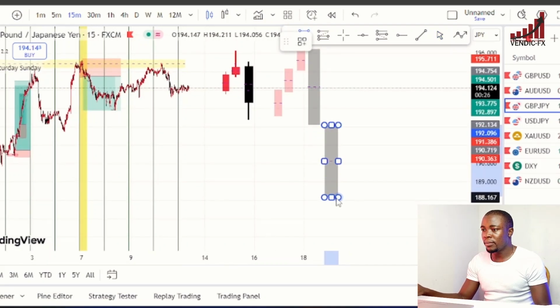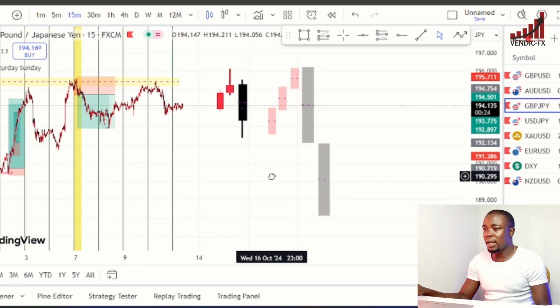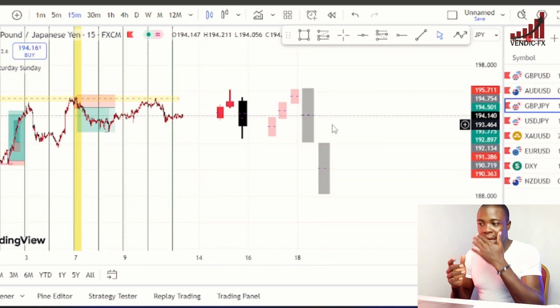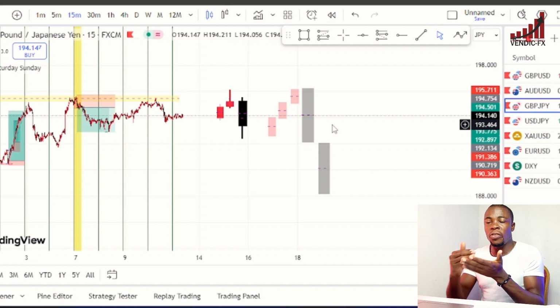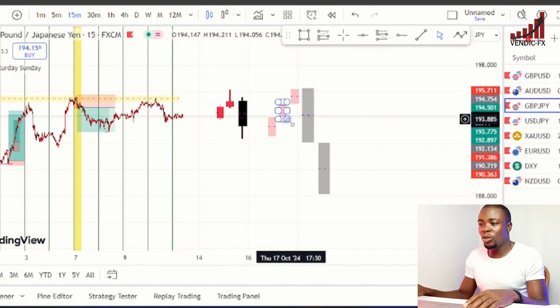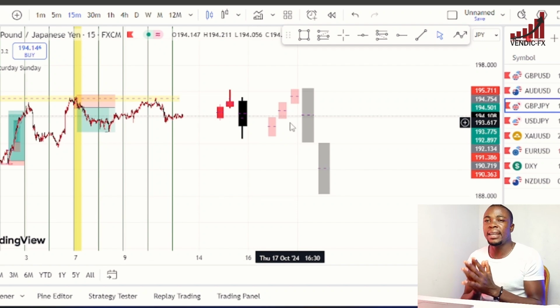This is what an engulfing candle is. As the name says, it engulfs the previous 2 or 3 candles before. If this pattern happens in your zone, it's clear that the market has shifted and is going to reverse. That means your prediction is correct. So you look at the engulfing candle.